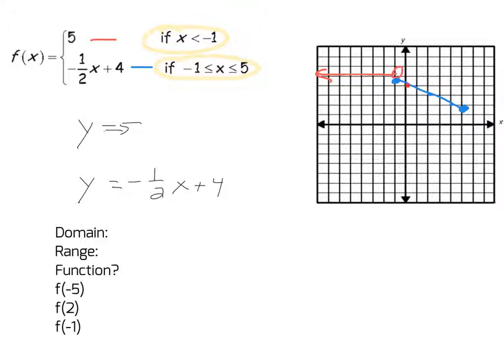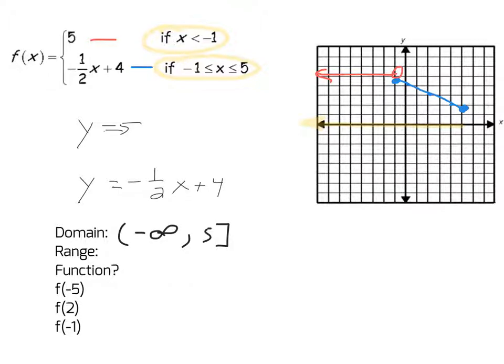Then I'm going to follow that along all the way until x is 5, and it stops. So my x values, if I look at my x-axis here, go all the way from -5 and on to the left forever. So my domain is going to be from -infinity up to 5 inclusive.